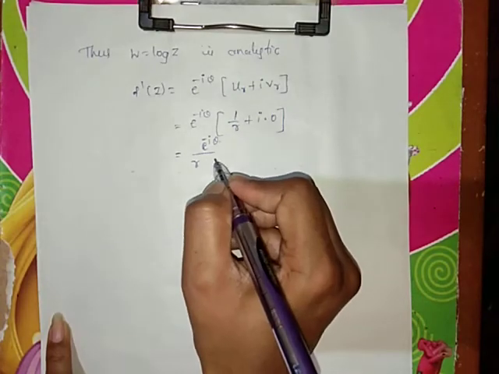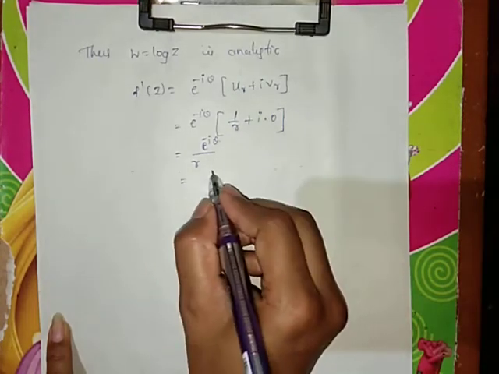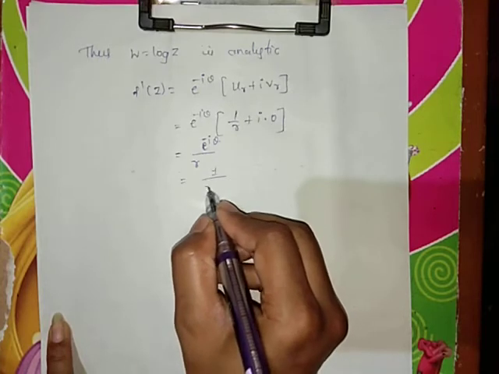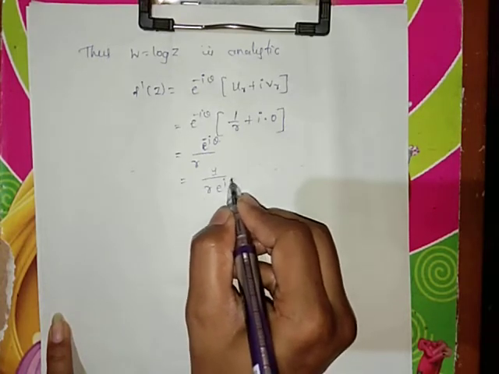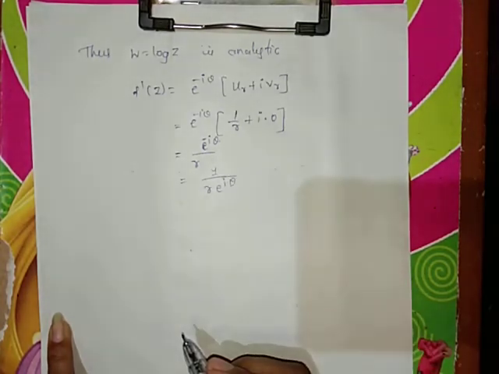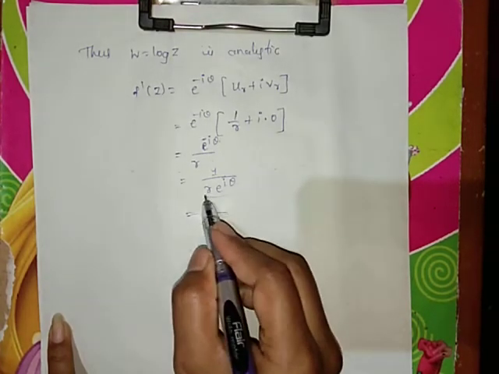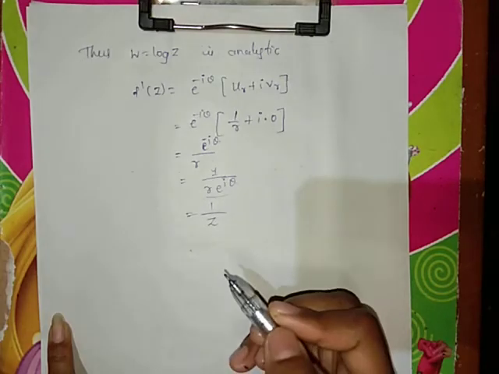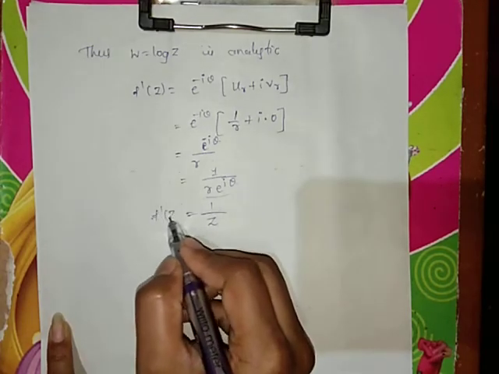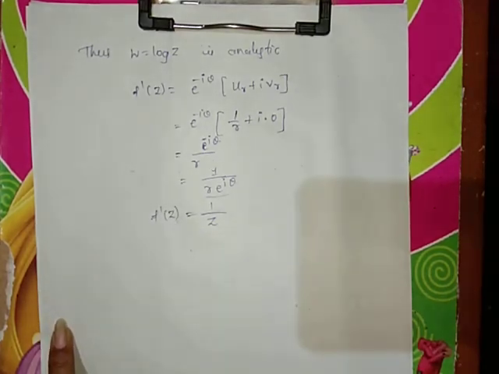Take the e raised to minus i theta into the denominator, that becomes 1 divided by r into e raised to i theta. We already know that r into e raised to i theta equals z. So f dash of z equals 1 by z. So we get the function in terms of z.